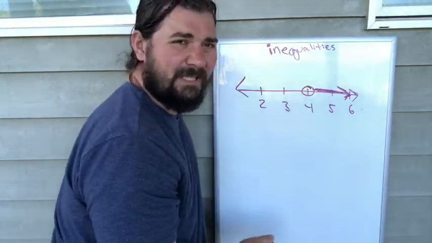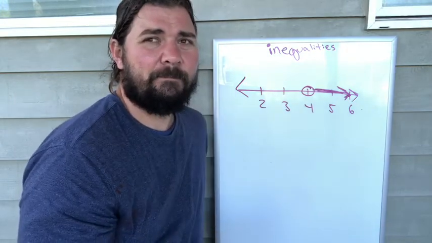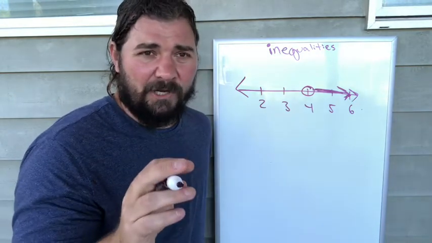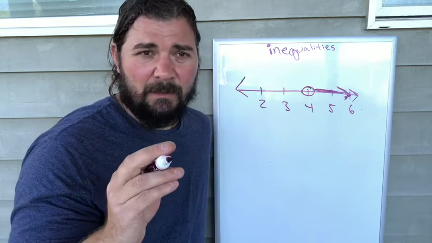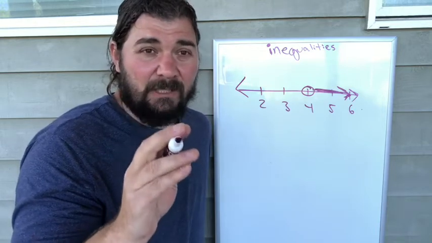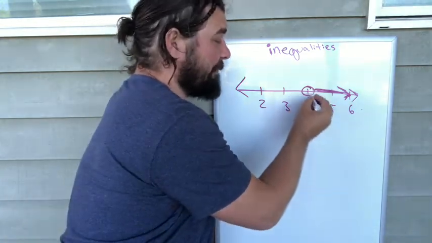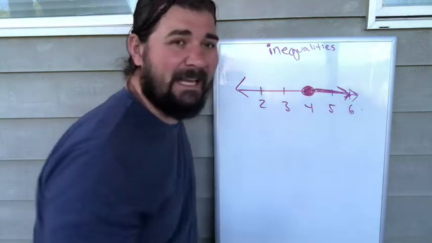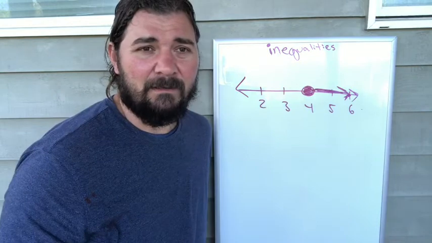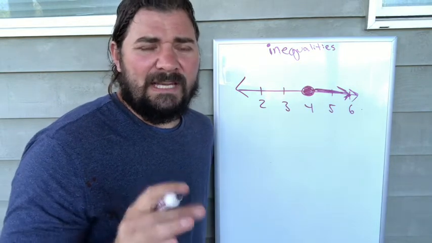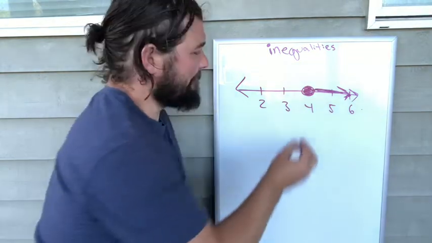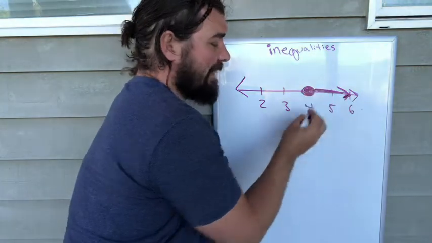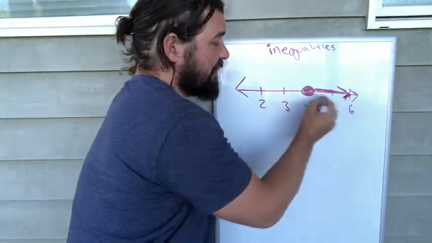Now, what do I do with this circle? Because we had decided, when we argued, that 4 was included. Because the number 4 is included, I don't want this circle to be empty. I want it to be just like the line, and I fill it in. So, anytime I'm making these number lines, very simply, if it includes the number, the circle is filled in.